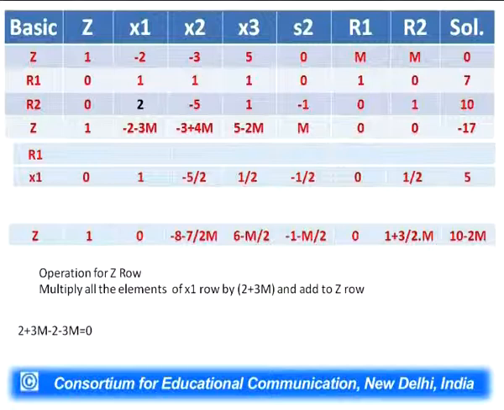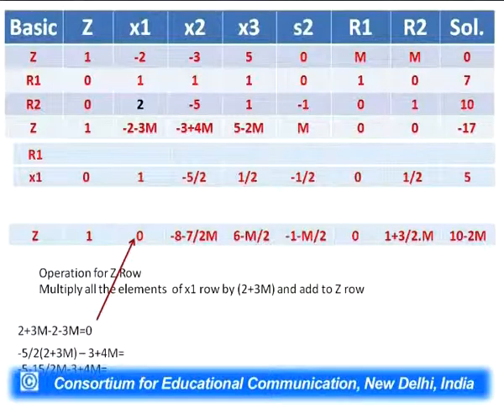So the same operation has been done: 2 plus 3m minus 2 minus 3m brings it to 0. What we wanted, the pivot column, the value of this particular cell should be 0, and this has been done like this. Next, the arrow also shows this 0 has been taken to the Z row.